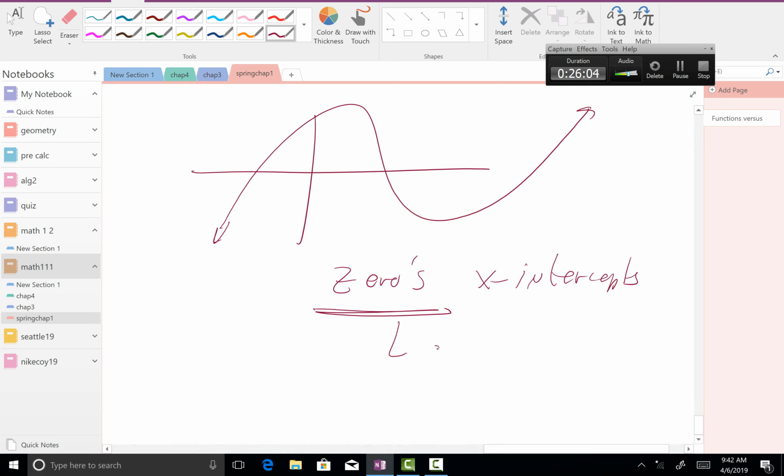So it's like a solution. But anytime we have an x-intercept, right there, and right there, and right there, they call those zeros. Now, this text is really excited about y-intercepts. The only time a y-intercept really means anything is in a line, but they like it in all kinds of situations.